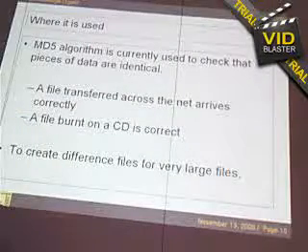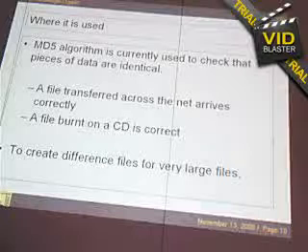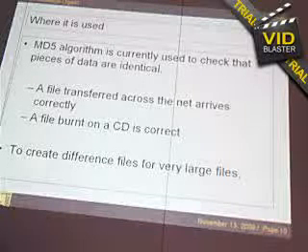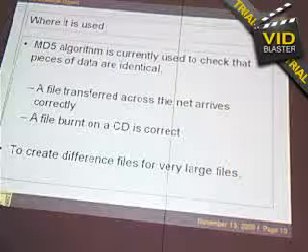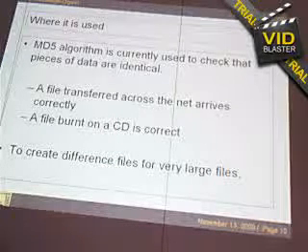It is also used to create difference files. Those of you who've downloaded via eComStation often as not have seen that not only could you download the complete file, but a so-called difference file from the previous version.